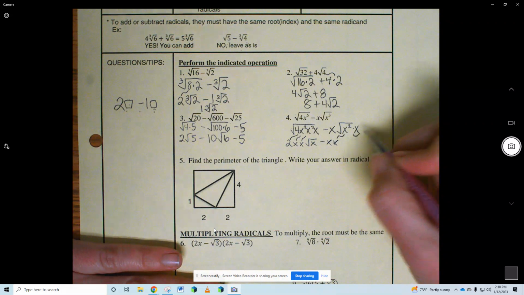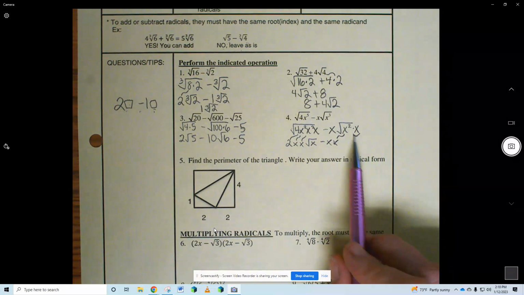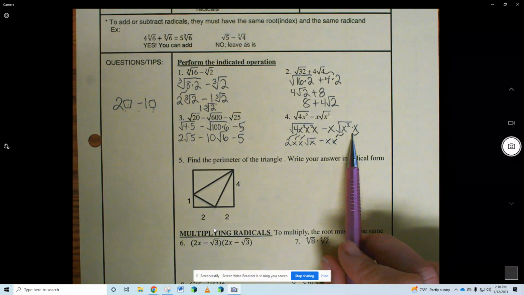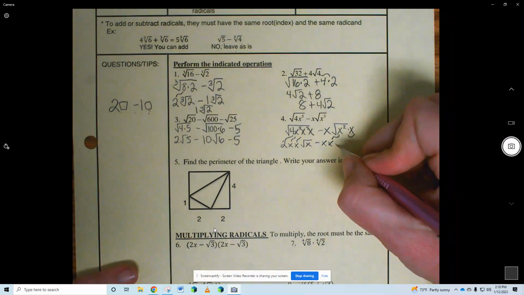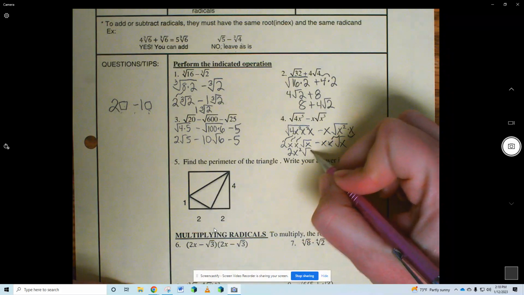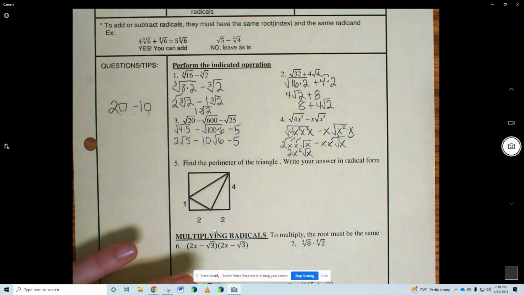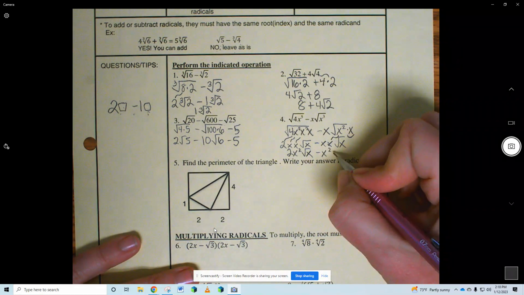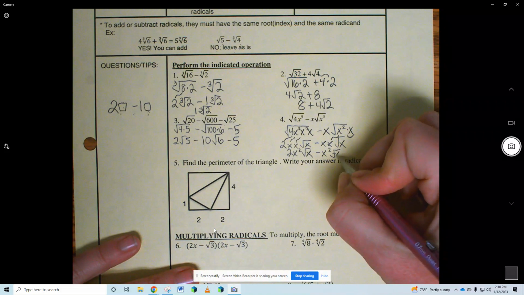This x to the 1st is alone. It stays under. So 2x squared rad x. So I'm simplifying now. Minus x squared rad x.